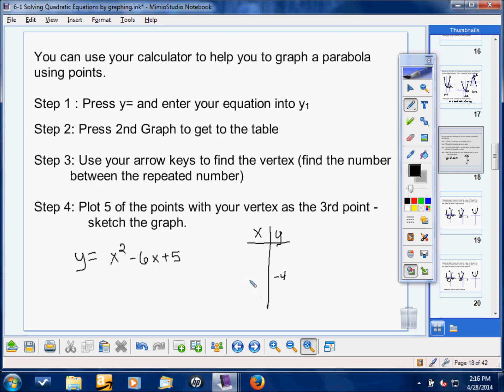So we have 3, -4. We have 2, -3. We have 4, -3. And then 1 is paired up with 0. And 5 is paired up with 0.